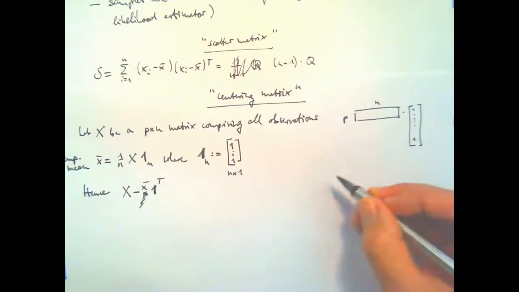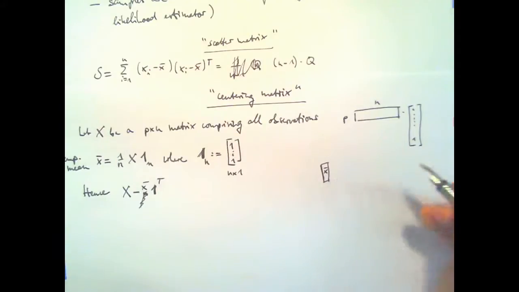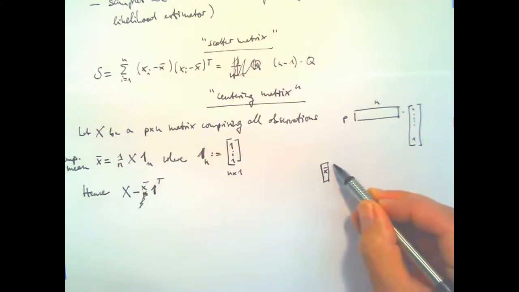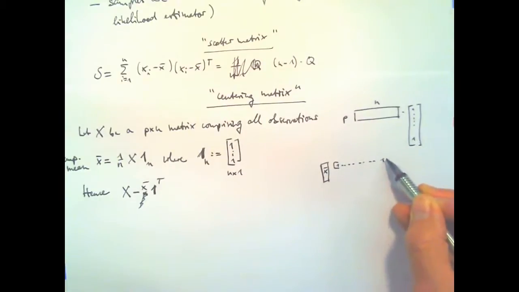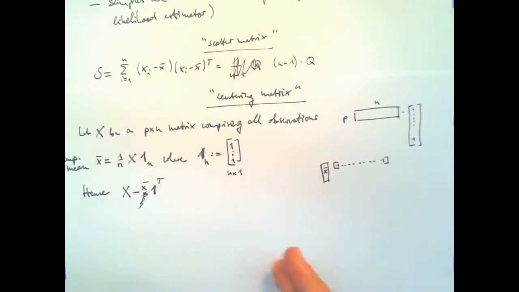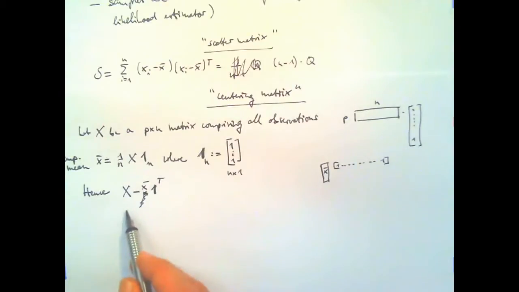I've taken my mean vector x bar, which was just a p-dimensional vector, and by taking an outer product here with a vector of all 1s, I have replicated this vector a total of n times. So in summary, what I'm doing here is I'm subtracting my mean vector from each and every sample in my data set.